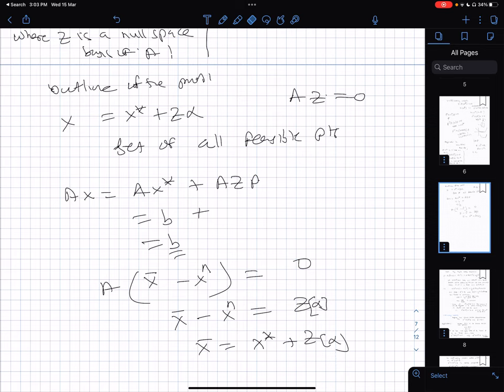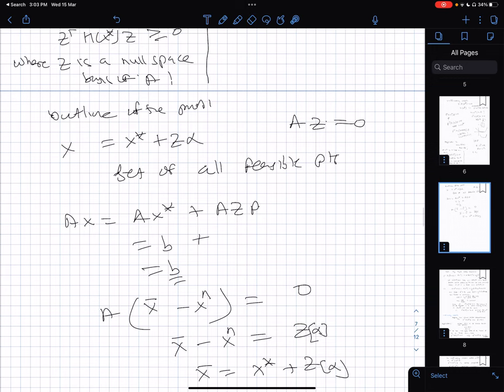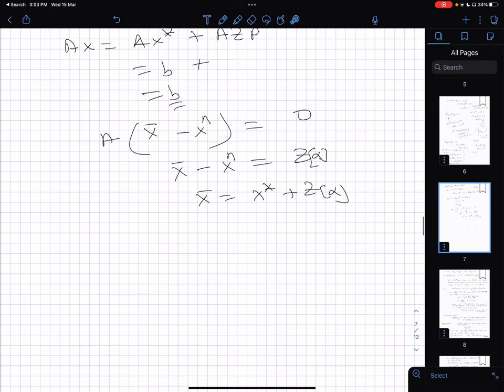The number of columns of the null space basis is equal to the dimensionality of the null space. So the set of all feasible points can be characterized by this, and once we know this, then we can convert our original linearly constrained optimization problem to an unconstrained one.